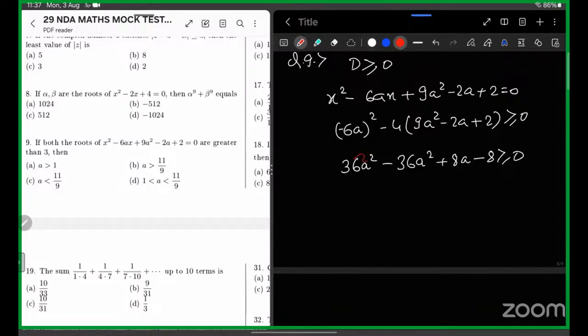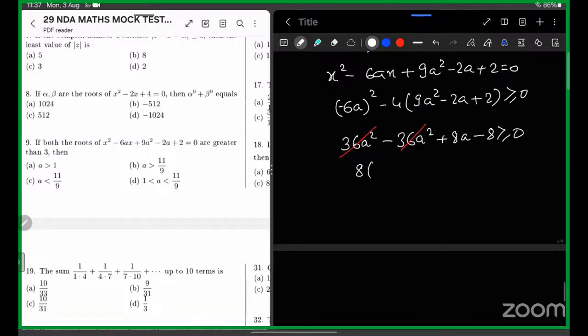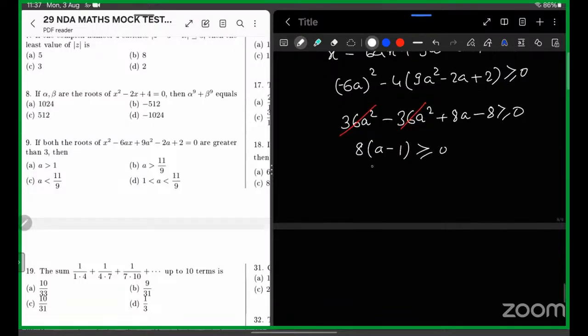So we can cut this like this. So I'm going to get 8 I take common, a minus 1 will be greater than equal to 0. So a must be greater than or equal to 1. One value we got. How we can find the second value?